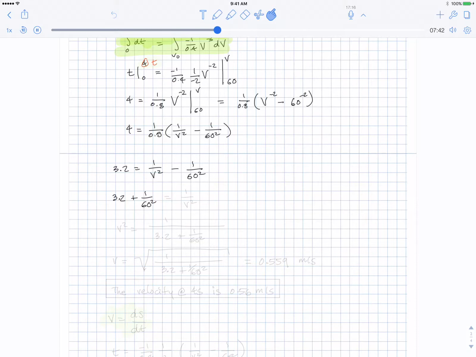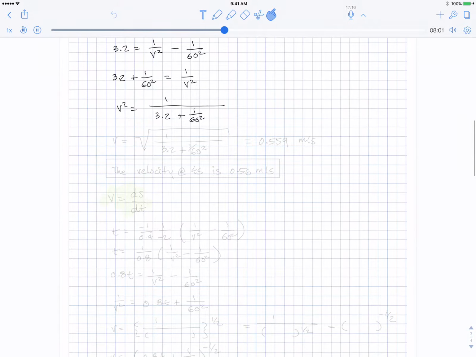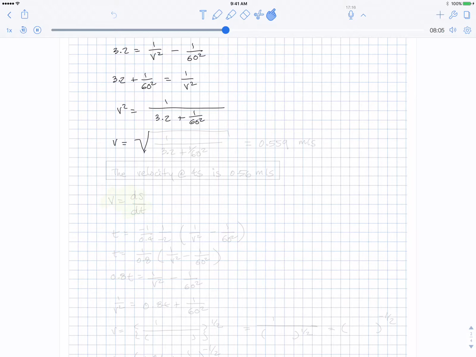That's going to basically just be 3.2 equals 1 over v squared. So v squared equals 1 over all that other stuff on the other side. And finally, v is going to be the square root of all that stuff.